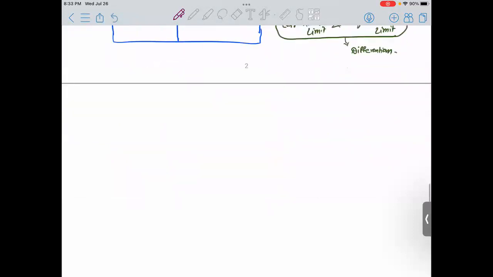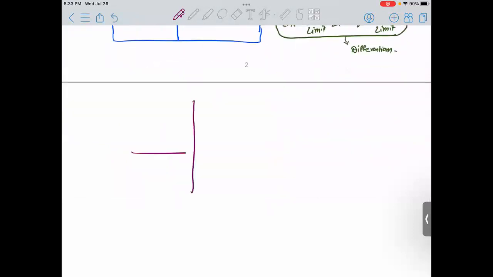Listen to this carefully. Suppose there is a graph, something like this. Leave aside the left hand limit, but at x equal to 0, what happened? You're getting a point. This is known as the limit of this function f of x. Let this function be f of x. You are approaching a value.